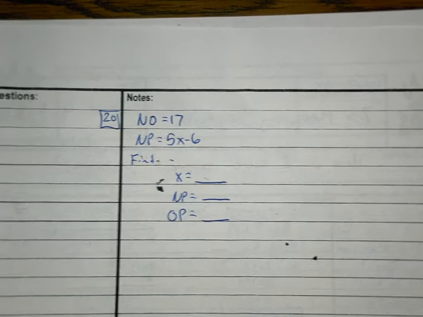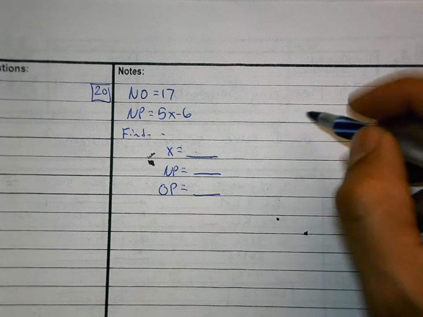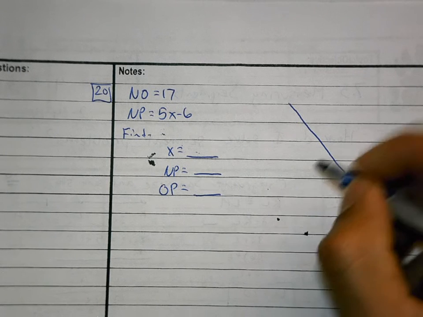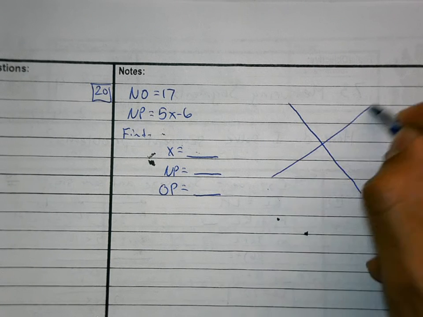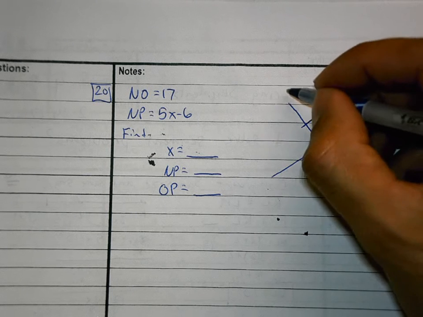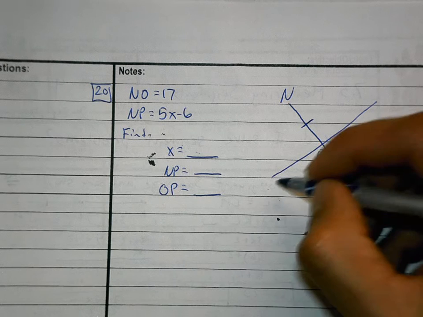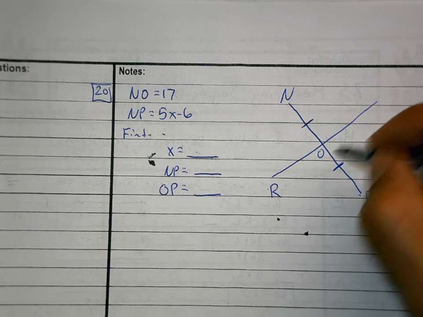NO is 17, NP is 5x minus 6. You need to find x, NP, and OP. And then there's a picture that looks something like this. N, O, P, R, Q.